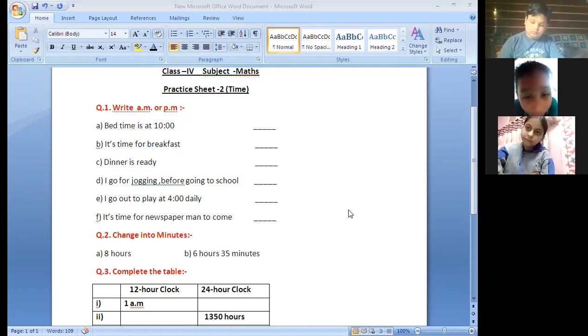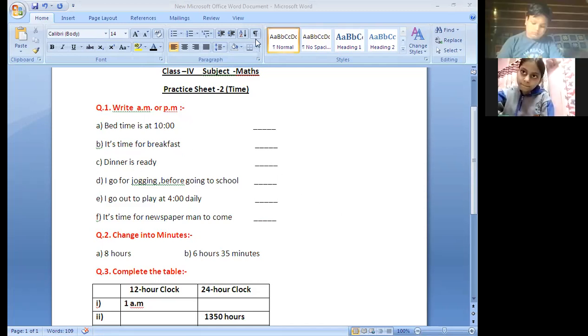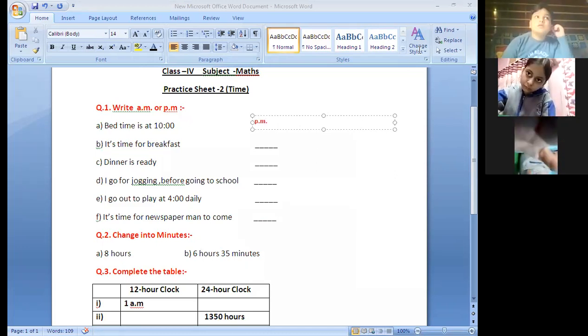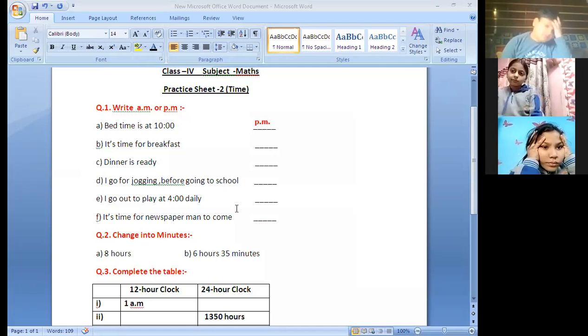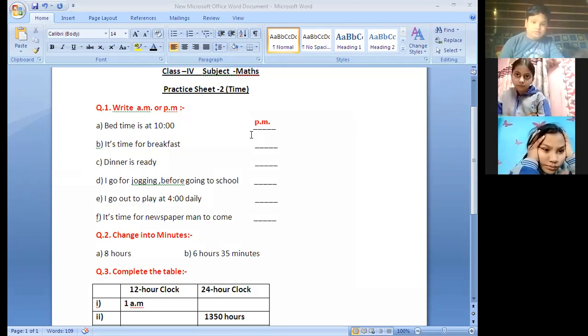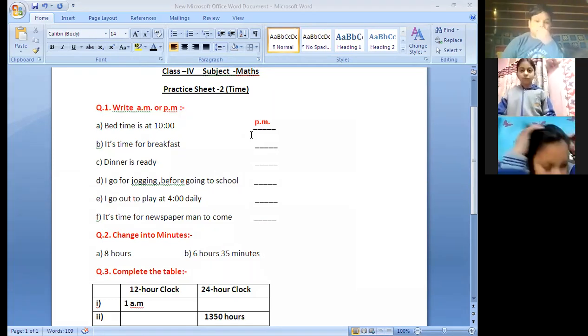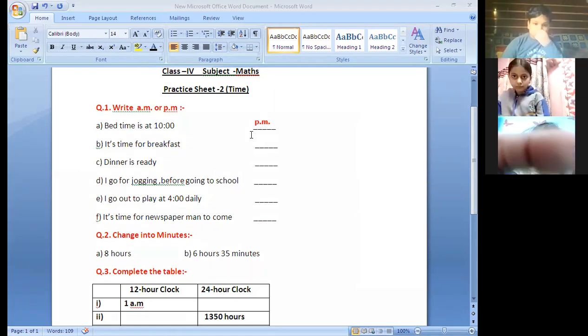Shraddhanjali, can you tell me the next question? Yes, ma'am. It is the time for breakfast. AM. Very good. Breakfast means we are going to take the breakfast in the morning. It is obvious. If you take the same food in the afternoon, it will be converted into lunch.